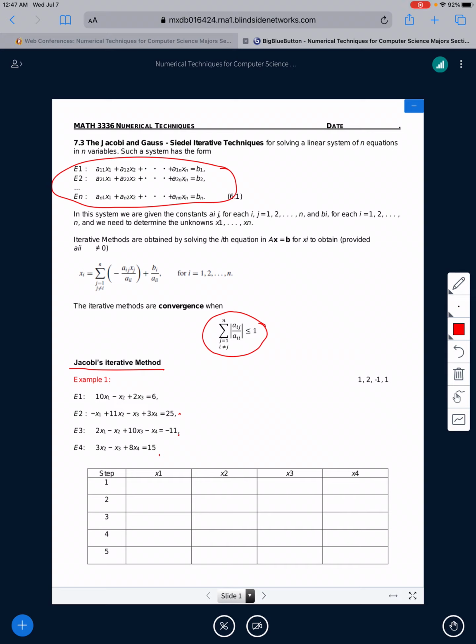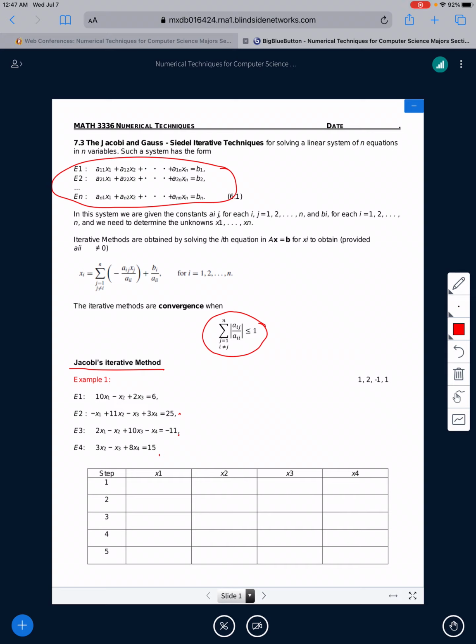The second equation will give us x2 is equal to 25 plus x1 plus x3 minus 3x4, and then we divide by 11.